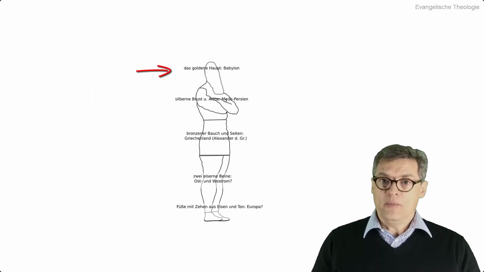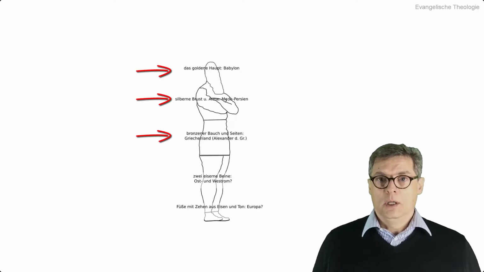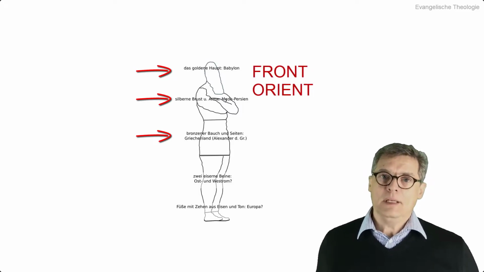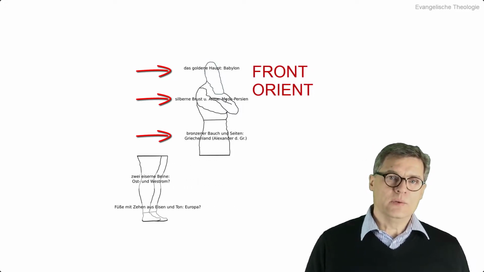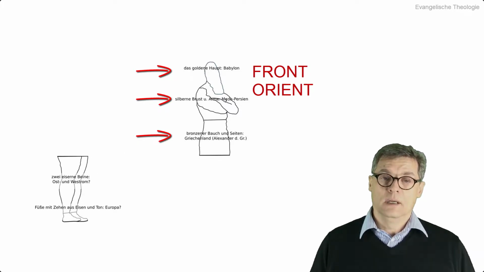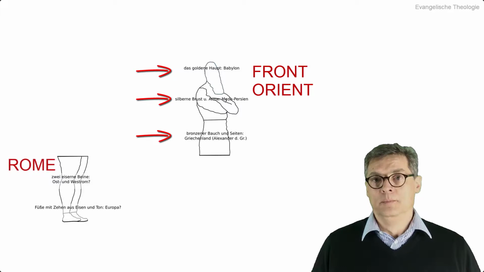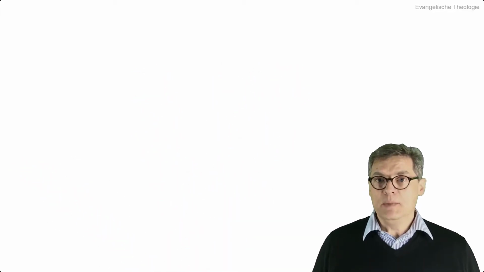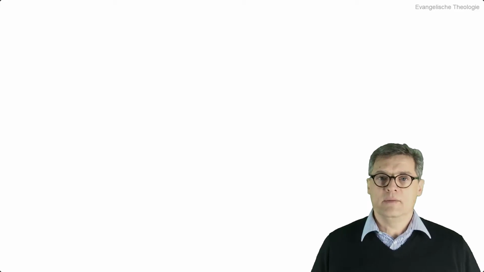So head, chest and belly of the statue are all in the Middle East. But if we now move the legs of the statue 2,500 kilometers to the west to Europe, to Rome, then the statue will fall over. That's very clear, and it's a pretty plausible picture.